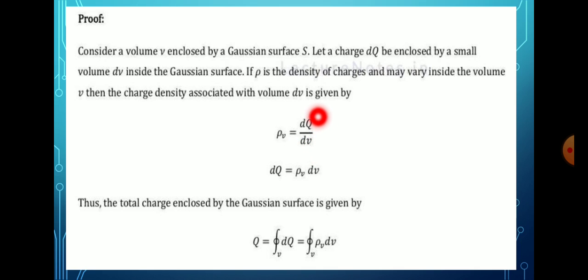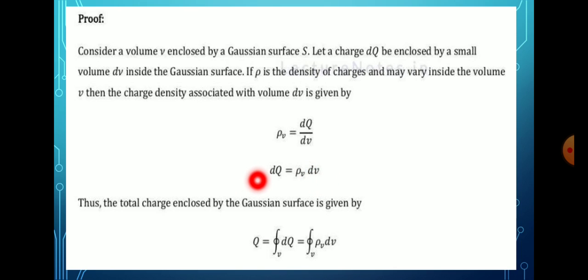Then I want the equation of dQ. dQ is equal to, rearranging the terms, rho of V into dV.